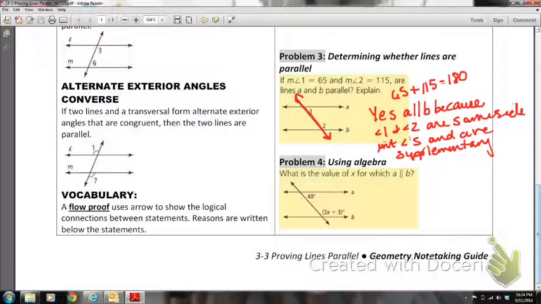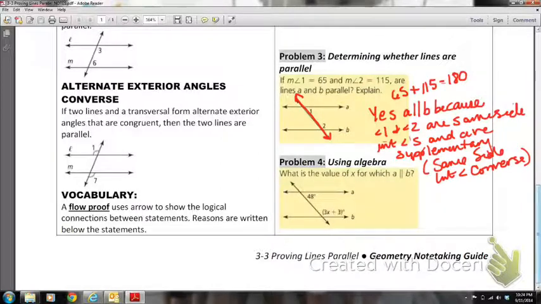So what did we use for that one? That was the same side interior angles converse that was used to make that statement.